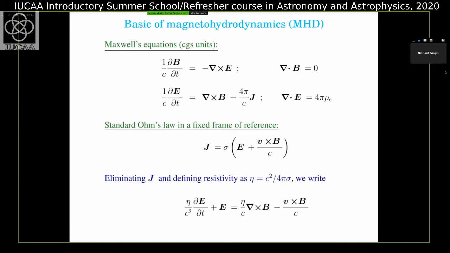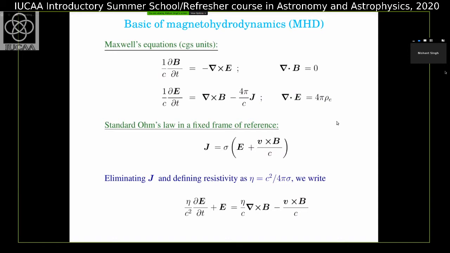Then you write in the plasma frame J equals sigma E. So divergence of sigma E gives you sigma divergence E. Then you replace divergence E in terms of 4 pi rho E. So you get exactly del rho by del t is equal to minus 4 pi sigma rho E. It's an exponential drop, right?